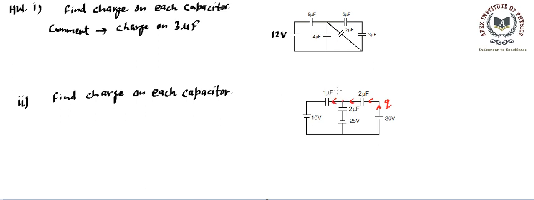Let's say Q1 is passing through this branch, and from here, let's say Q2 is coming, so Q2 will move through this branch and coming back here again, it will make it Q.